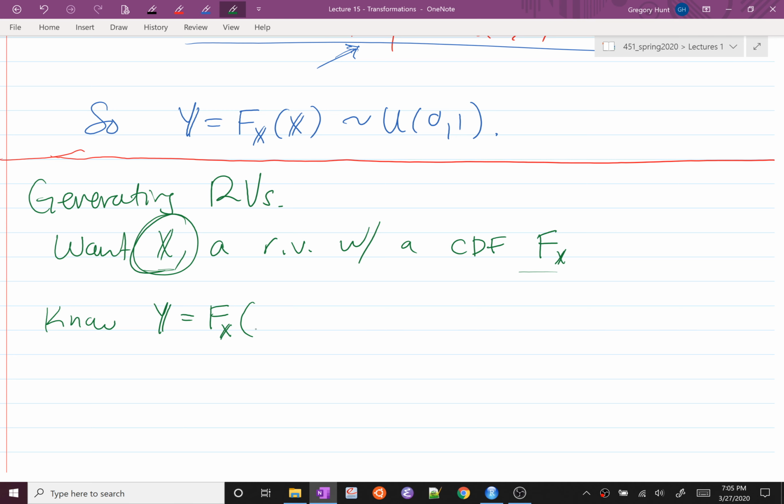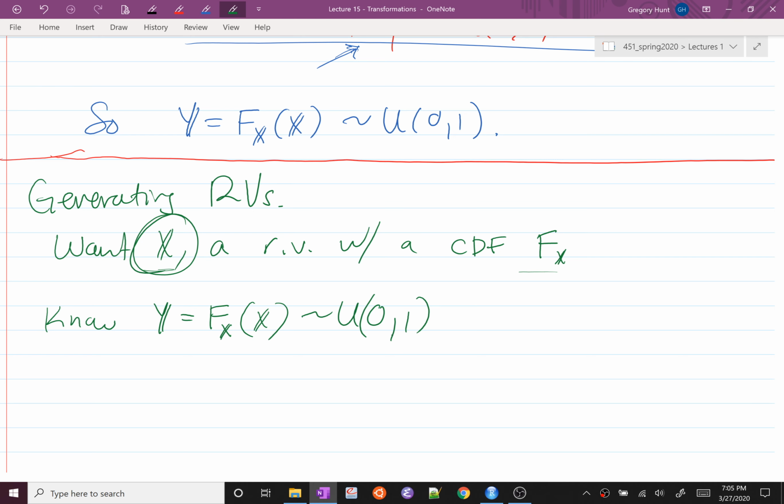If I take those numbers as x's and plug them in the CDF, I would get a bunch of other numbers. So the CDF is just a function I know. So I could generate a bunch of exponential random variables. If I were to plug them in their own CDF, I would get a bunch of numbers that would follow a uniform 0, 1 distribution.